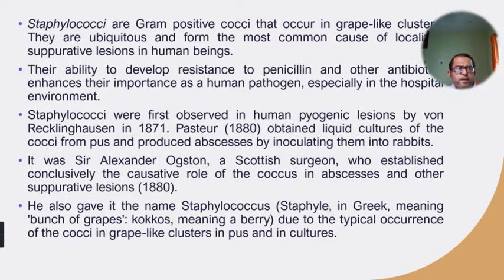Then Pasteur obtained a liquid culture of this cocci from the pus and produced abscesses by inoculating this culture into a rabbit, in order to observe what kind of effect it would have. In that rabbit there was development of abscesses.